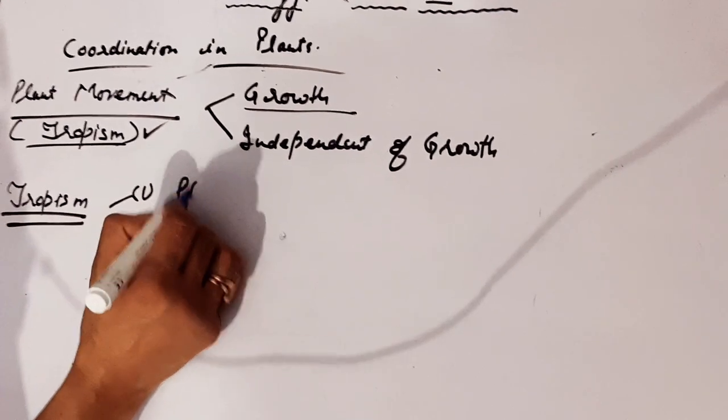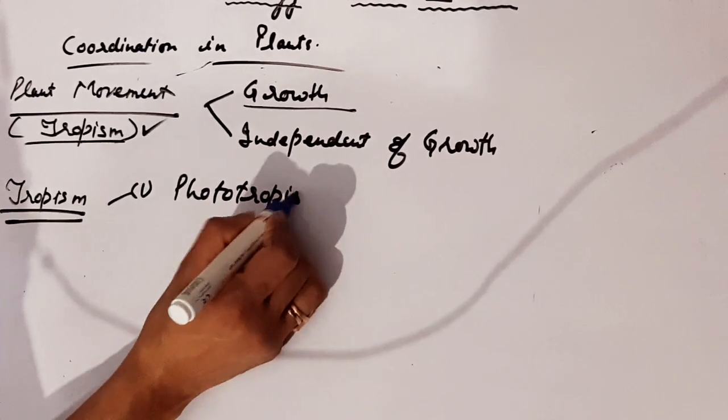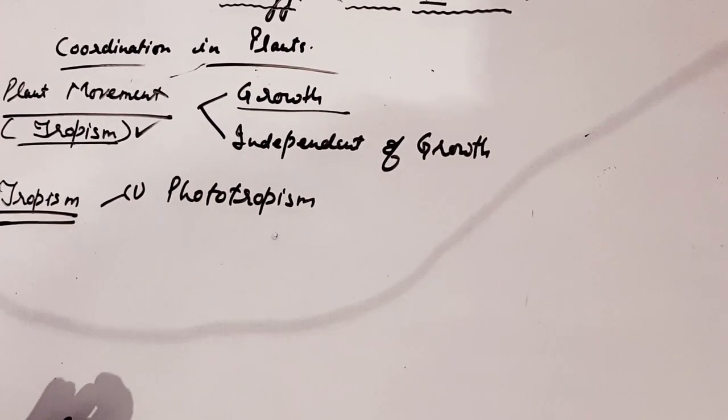First, phototropism. If you open your NCERT, you will find an experiment where you are asked to keep a plant in a cardboard box which is covered from three sides. Suppose this is a plant.